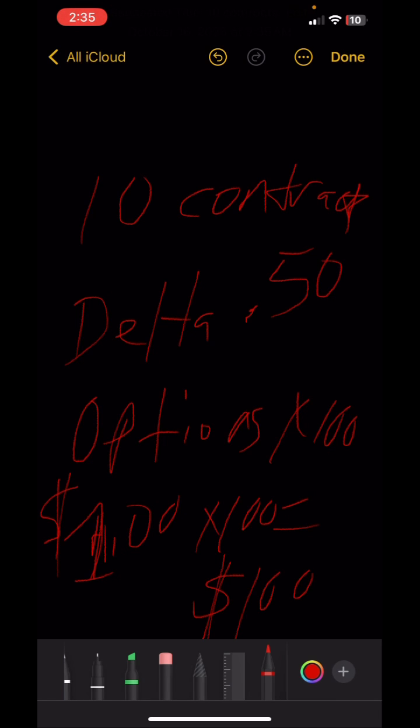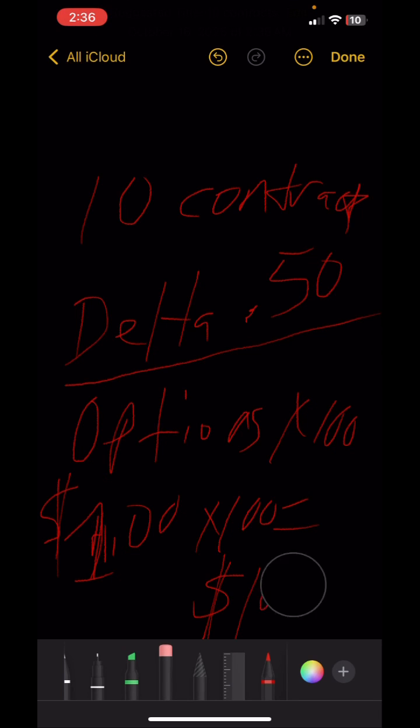So for each dollar the stock rises in this particular option contract that you have with the delta of 50, you have 50 cents for each dollar. So if it goes up $1, you get $50. If it goes up $2, you get $100. The opposite, if it goes down $1, you lose $50. If it goes down $2, you lose $100.